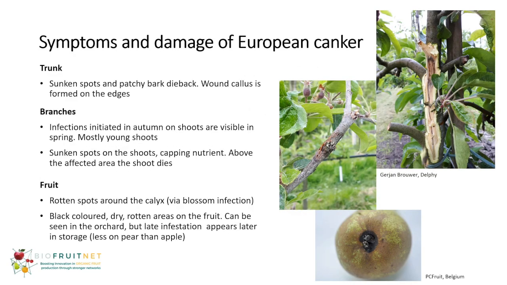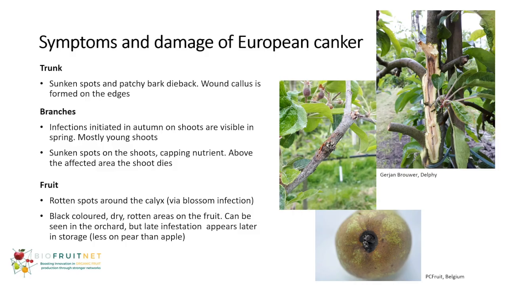Symptoms and damage. On the trunk you see sunken spots and a patchy bark dieback. The wound callus is formed on the edges of the wound. On the branches, the infections are initiated in autumn on shoots, but they are visible in spring, and mostly they are visible when young shoots are infected.